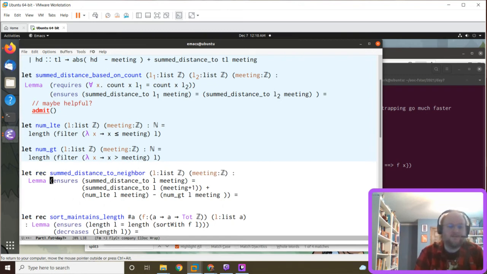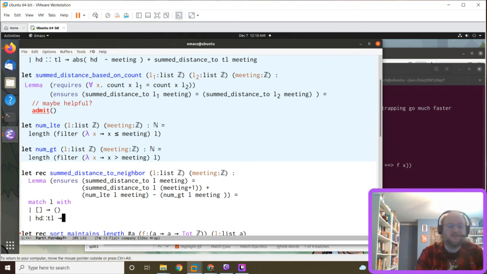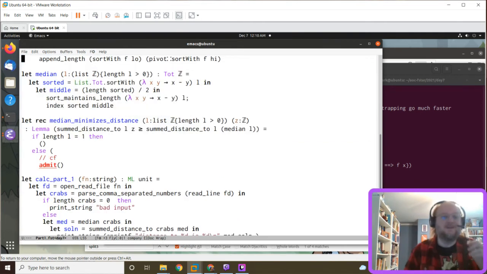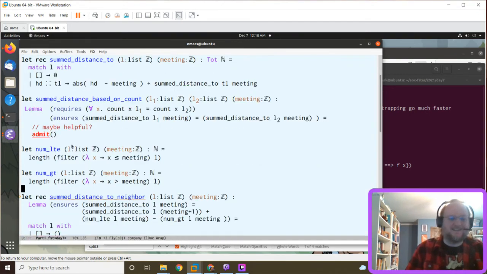So proving this inductively. If it's a list of length 0, it should be trivially true because all those are 0. So let's check that. So admit just says, hey, assume this is true. Assume, or more precisely, assume that the return value you need exists.